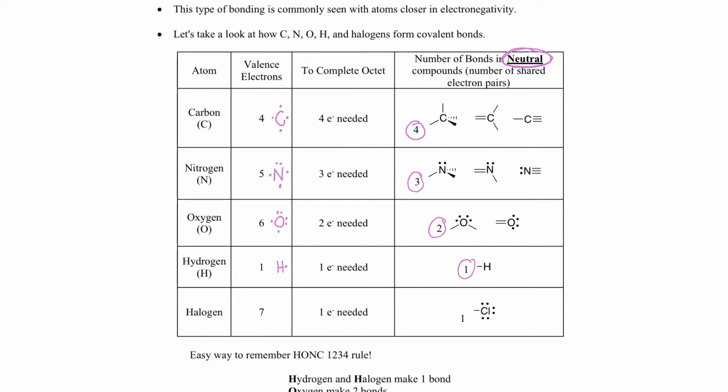We're going to use chlorine as an example. Any halogen will have 7 valence electrons, and it needs 8 to complete octet. So it really only needs 1 additional electron and therefore 1 bond. So halogen and hydrogen, both of those kinds of atoms, will only need 1 additional covalent bond.